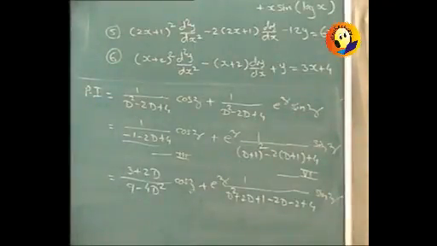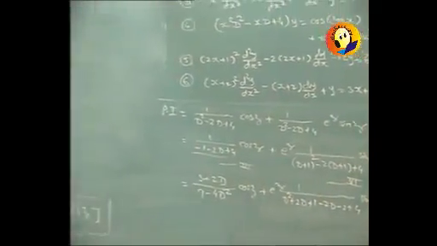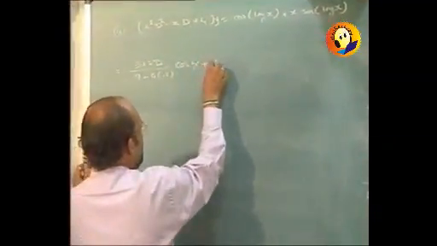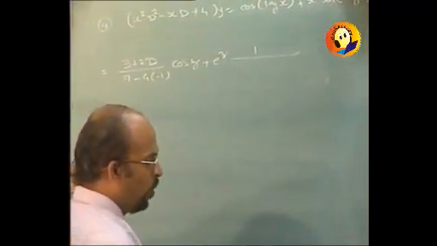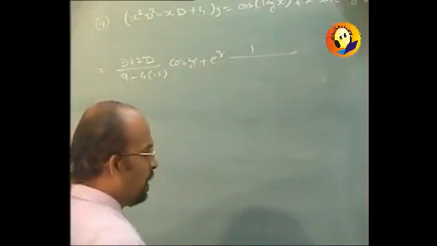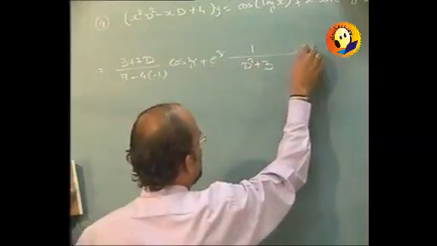And so when we apply formula number 3 again to the first term, it will be 9 minus 4 into minus 1 into cos z, plus e raised to z 1 upon, the denominator will be simplified because the 2D term gets cancelled and it will be simply D square plus 3 in the denominator operating on sin z.